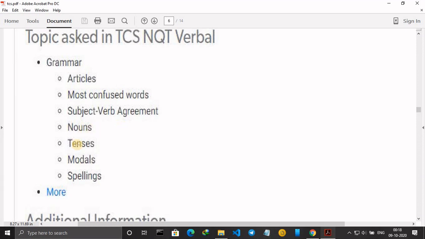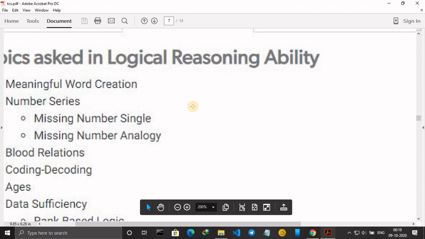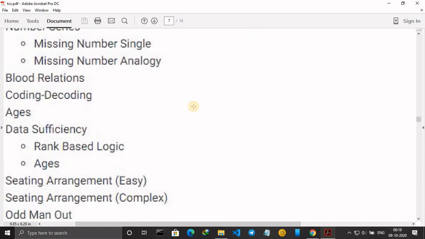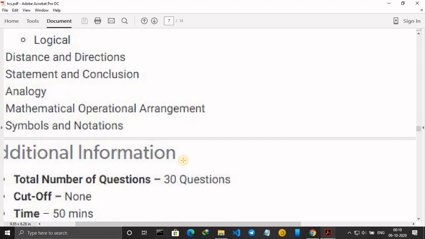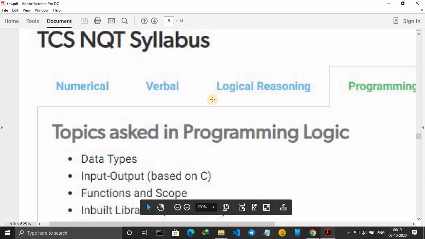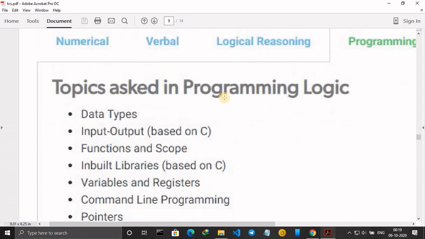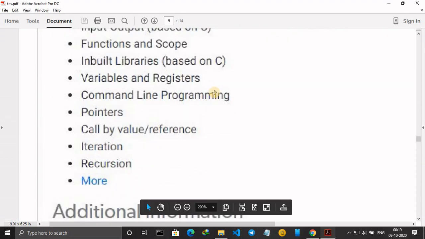You must have the knowledge of these things. If we talk about the logical reasoning syllabus, you have to prepare for number series, blood relations, coding, decoding, ages. If we talk about the programming section, you must have the knowledge of data types, input, output based on C, functions and scope, and you can see all these things you must know.